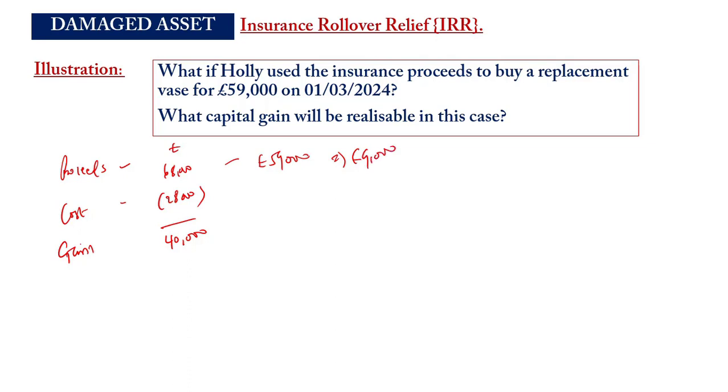Do you get it? So the gain rollover is going to be the difference of 40,000 and the 9,000. So we are only going to roll over 31,000. That will lead to a chargeable gain of £9,000. Is that clear, please?